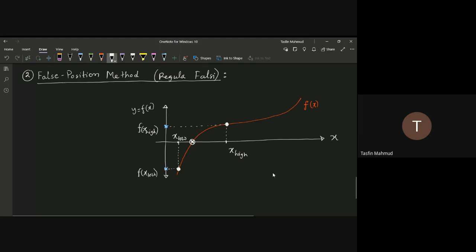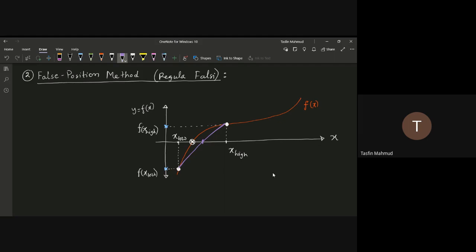Rather, we will consider a straight line that passes through these points. Its intersection with the x axis will be our new x mid.